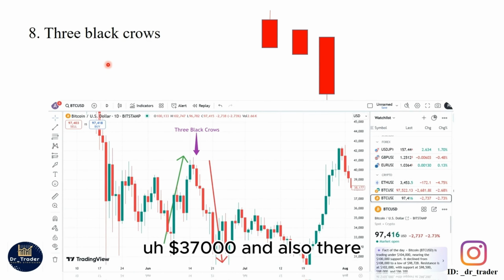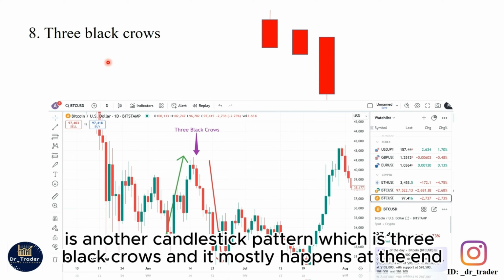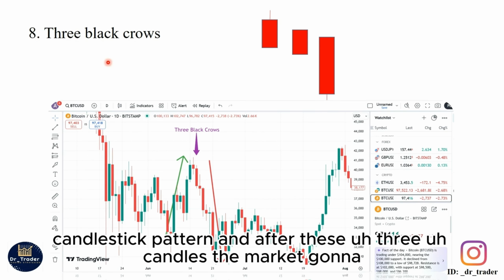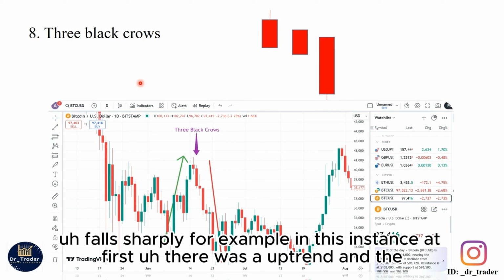And also there is another candlestick pattern which is three black crows, and it mostly happens at the end of an uptrend. And the market is very sensitive to this candlestick pattern, and after these three candles, the market is going to fall sharply.